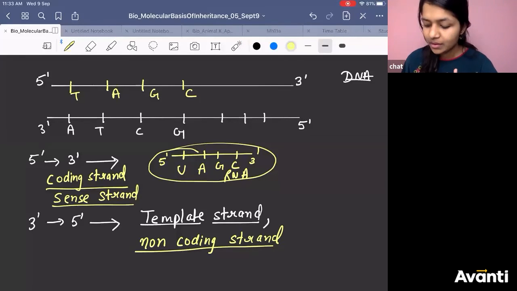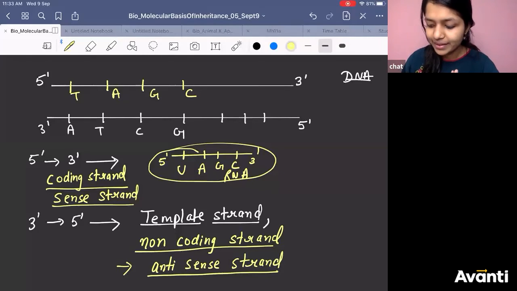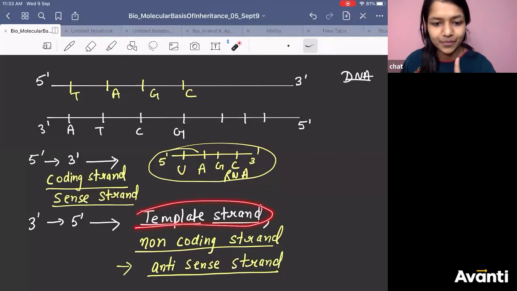Got it? Now similarly, 3' to 5', you will call it what? Antisense strand. Got it? What was the first thing we grasped? What is the template strand?